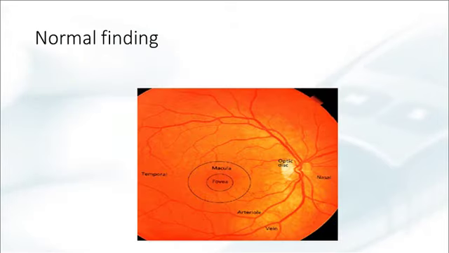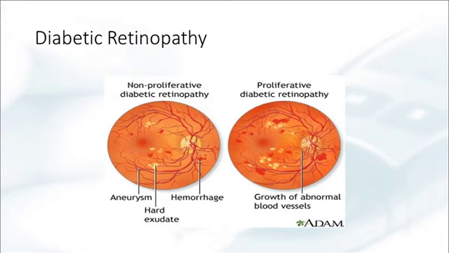Right, now you will all remember where the different structures of the eye are, and we've already discussed this. So let's look here at the difference between non-proliferative and proliferative diabetic retinopathy. And clearly you can see that this here is a form of non-proliferative diabetic retinopathy. We've got our hard exudates here, we've got our microaneurysms here, we've got our hemorrhages here, right?